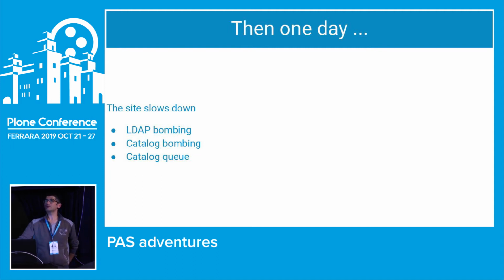Then we also noticed that we were using the Membrane catalog too much, and that it was causing the catalog queue to flush. Since 5.1 we have this catalog queue, and before we added a product for that.